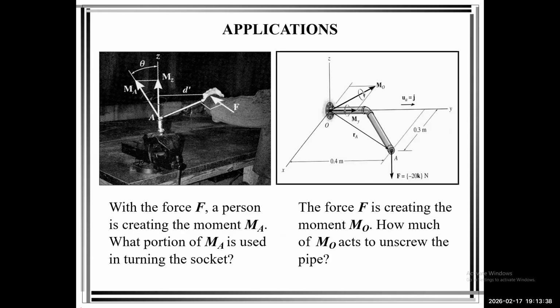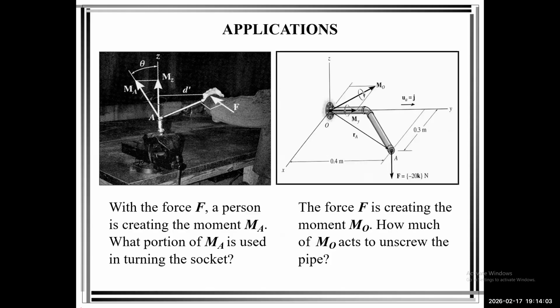You could find the moment as a result of it from one plane. If your force is in the Z direction, then your moment has to be in a plane perpendicular to it.